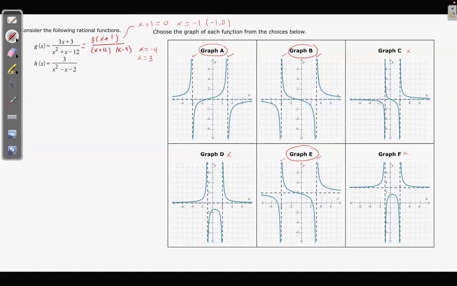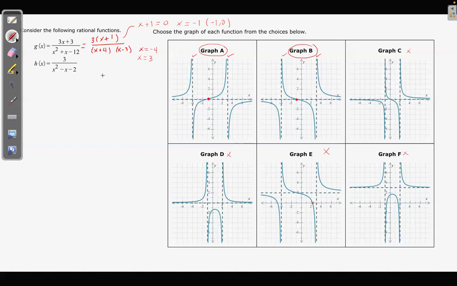So out of the options that we have on the plane, here we have coordinate minus 1 comma 0, minus 1 comma 0, and this one is crossing 2 point something. So now graph E is out of contention. So we are going to say goodbye to graph E.